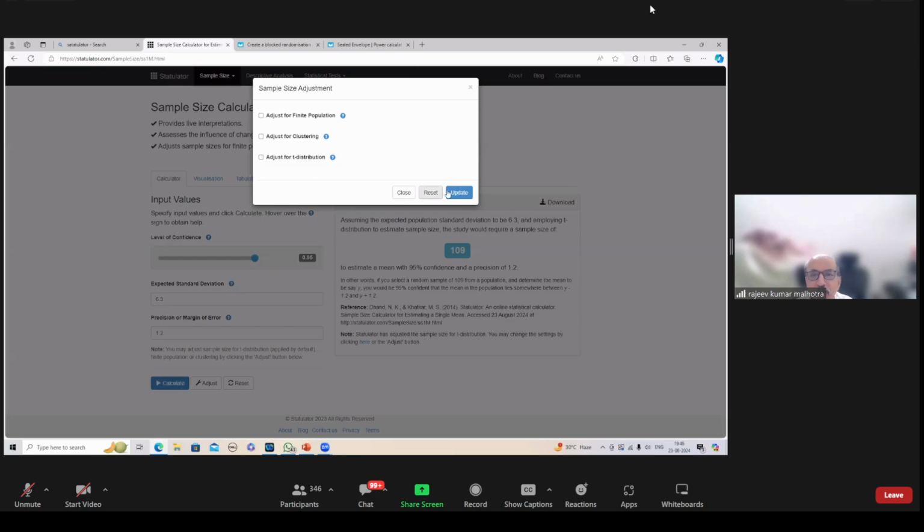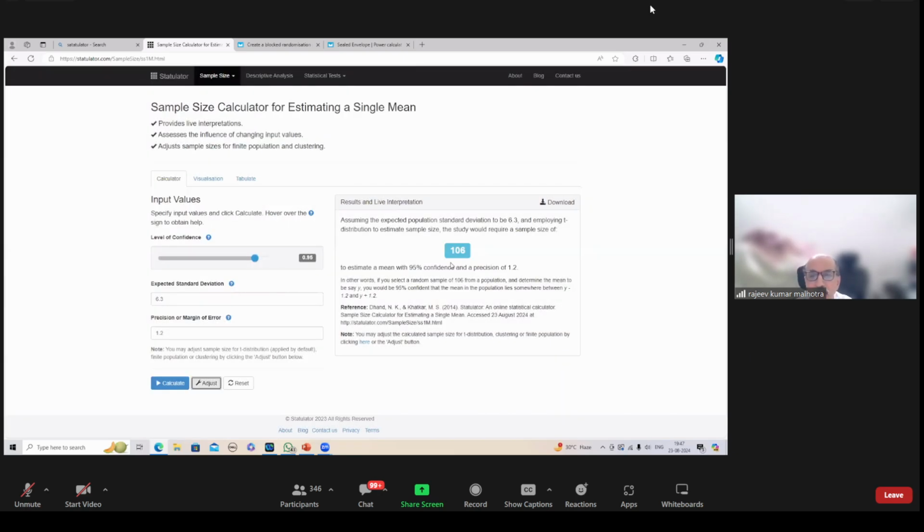If you uncheck that one, you find that this is the normal distribution, or if you check, you find that there is a t distribution. So while calculating this, you have to take care about the adjustments also. So this is all about the estimation for the single mean and the single proportion. Now I come to the hypothesis testing.